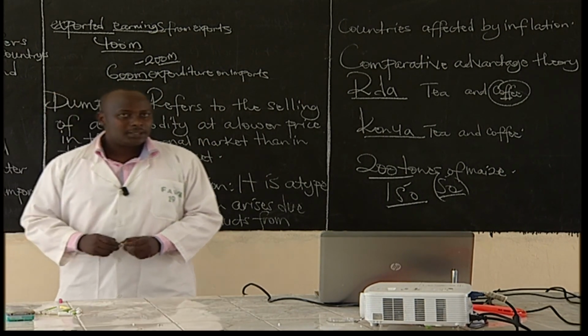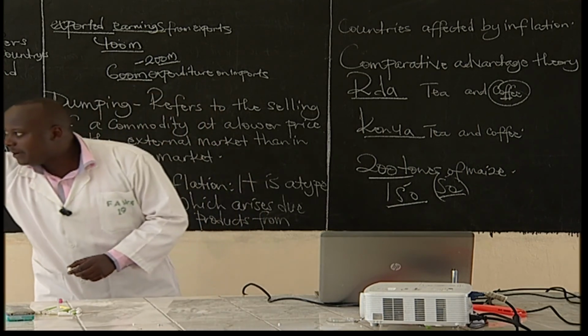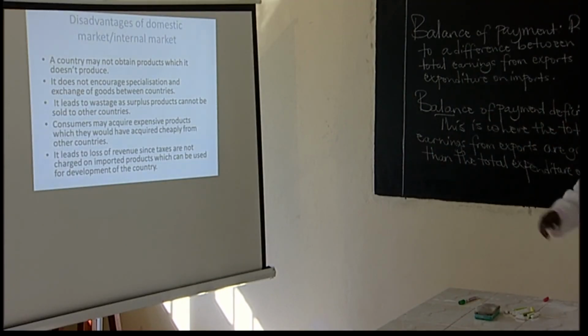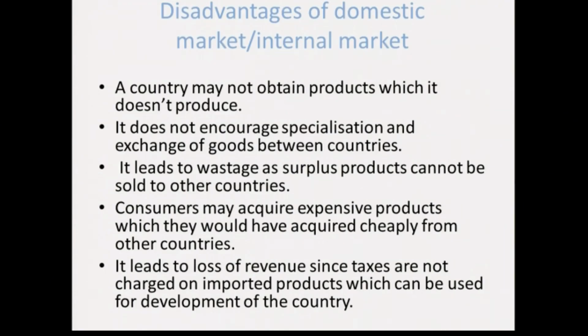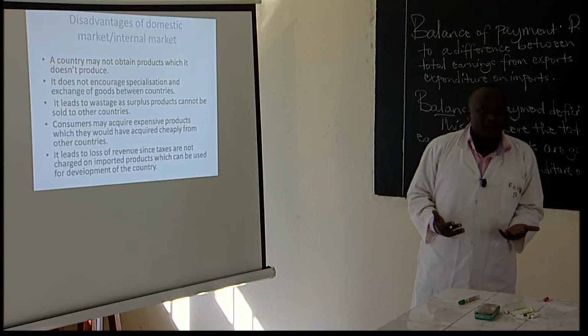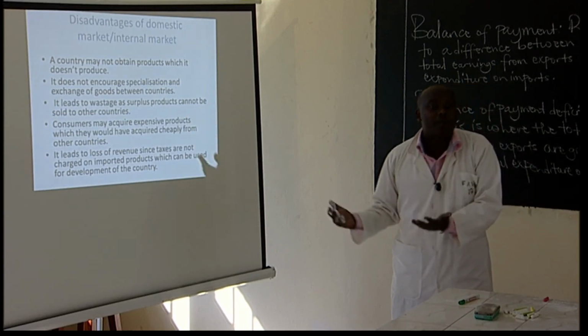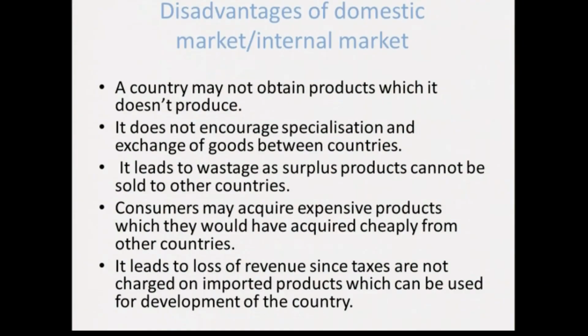The next disadvantage, consumers may acquire expensive products which they would have acquired cheaply from other countries. Because consumers don't have any alternative, they are forced to buy local products which are expensive because there is no competition with foreign products. A country does not import from other countries.